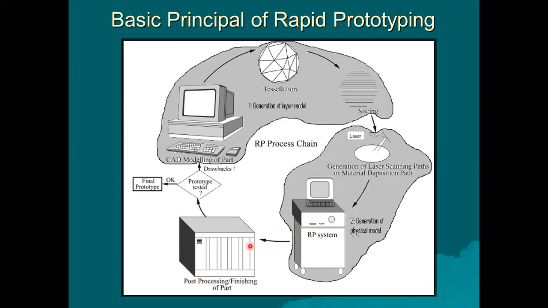So you can see that this is the post processing, and then you have to test the prototype. If it is found okay, you will accept the prototype. Otherwise, if there are drawbacks, you will go back and do the design modifications, and then follow the process again. So this is called the additive manufacturing process chain, one of the standard ways of producing components or prototypes using 3D printing.